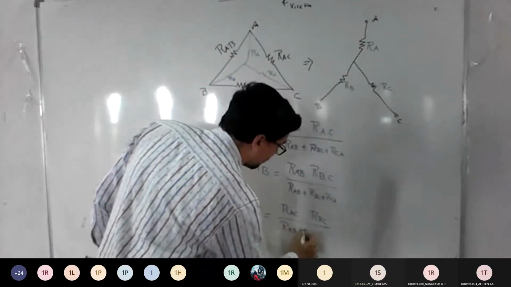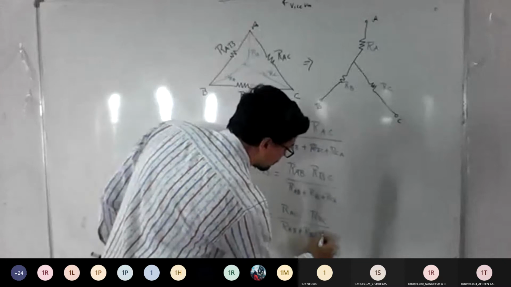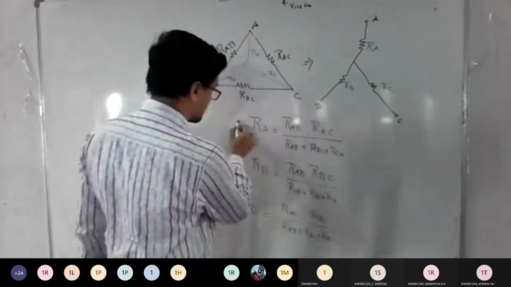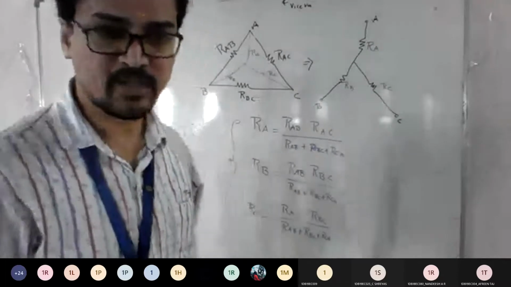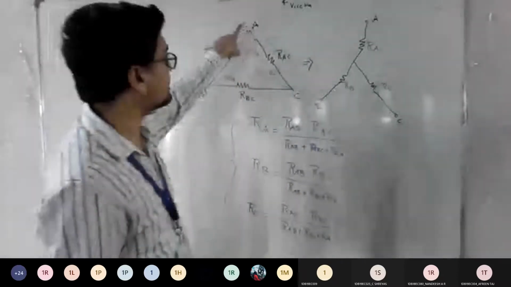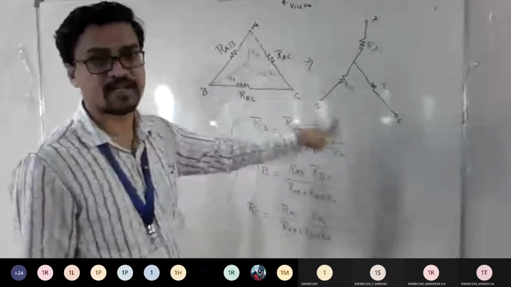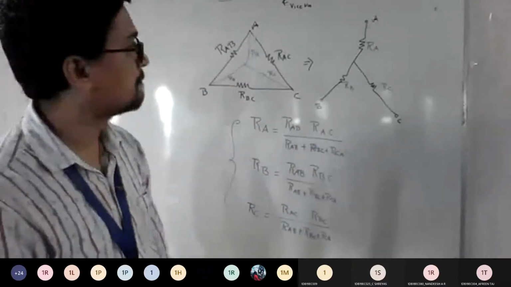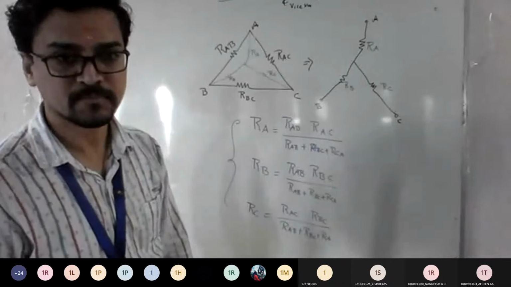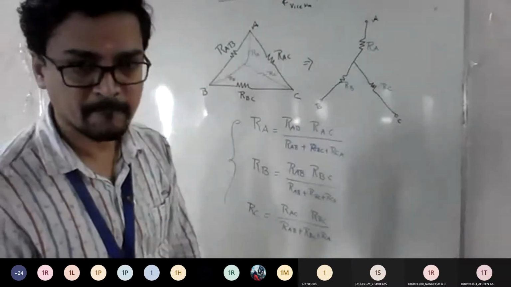We can write the summation of all. So any doubts? Anyone with this calculation of delta to star? So delta is like this form. I need to convert to this form. Am I clear? Everyone? Am I clear?